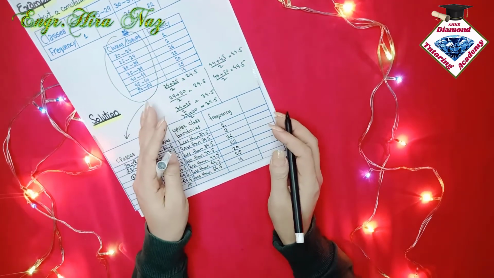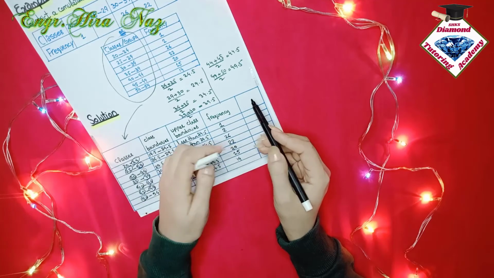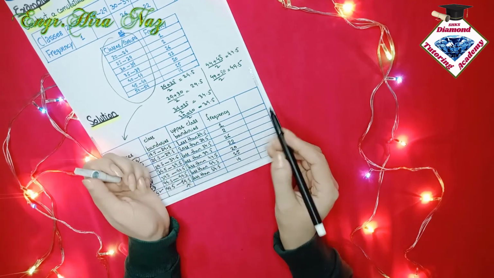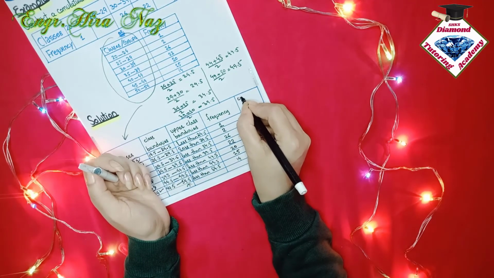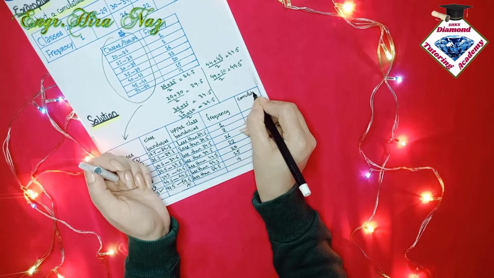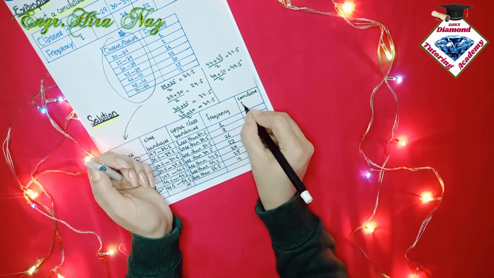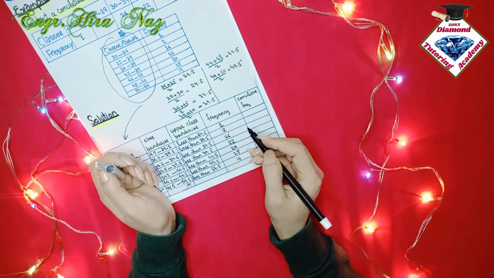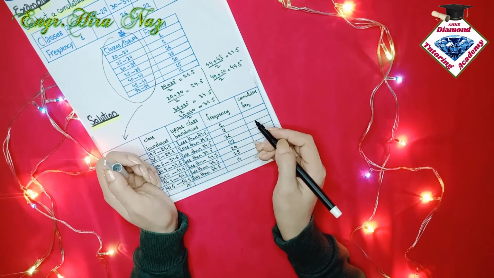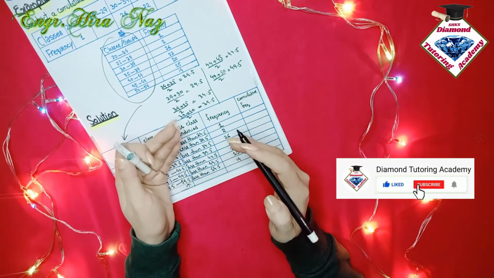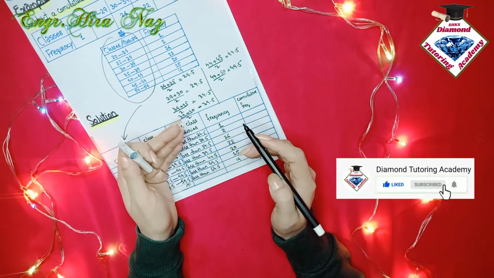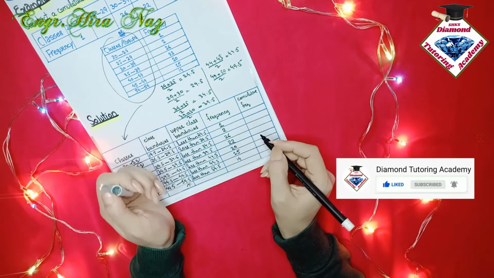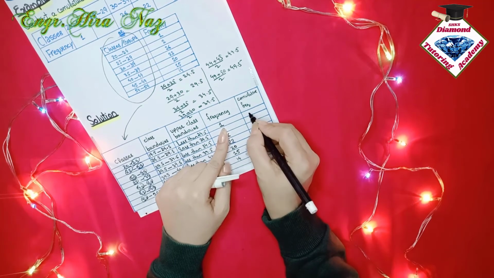And our next column is the last column, and which is for cumulative frequency. So mark here cumulative frequency. As we know, cumulative frequency is the total frequency up to an upper class limit. So for first class, our cumulative frequency is only 1.